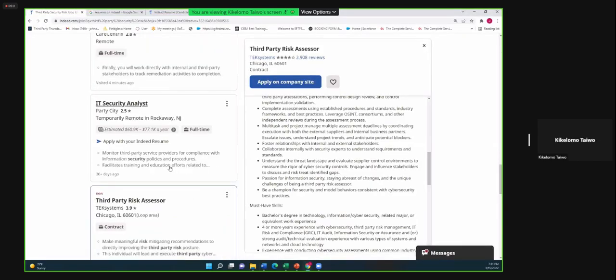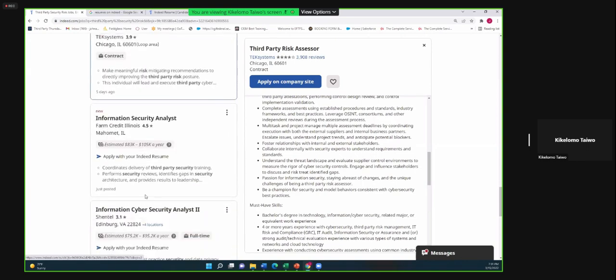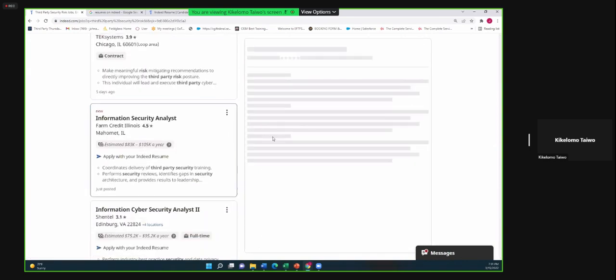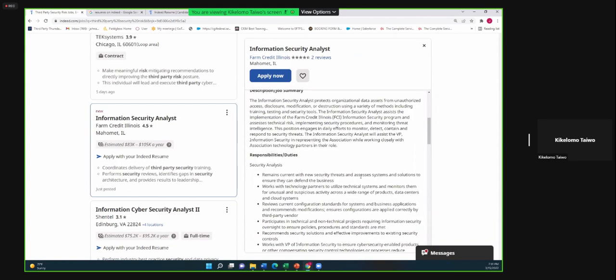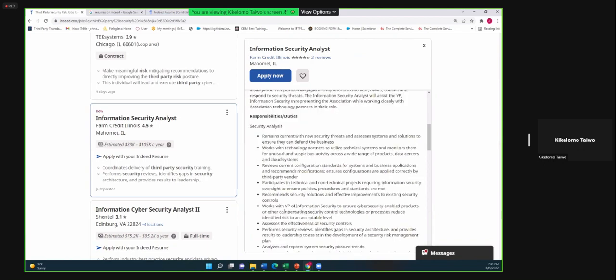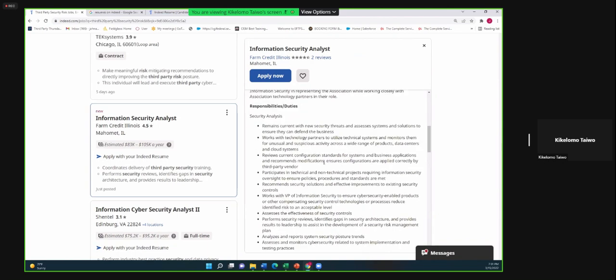All right, let's look for another. And yes, review current configuration standard for system based. Ensure they can apply the code by the third-party vendor, and project requiring information service.